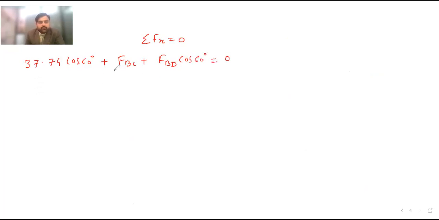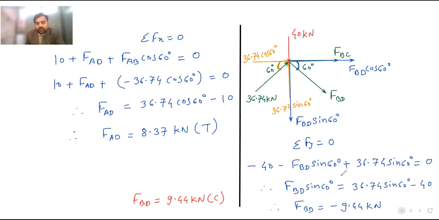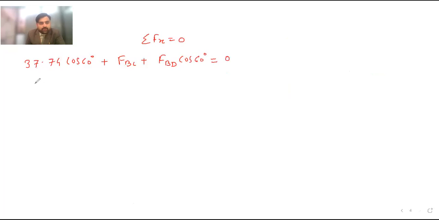So just put the value. What is the value of FBD? Minus 9.44. So here 36.74 cos of 60 plus FBC plus minus 9.44 cos of 60 is equal to 0.